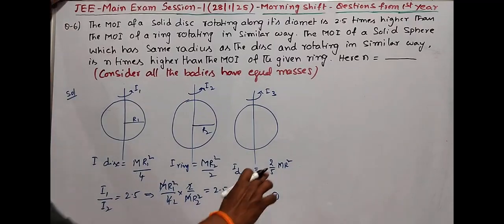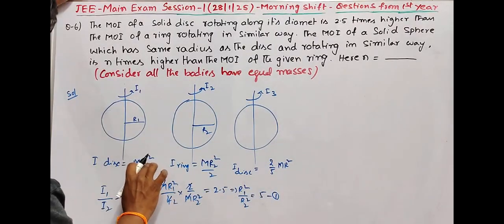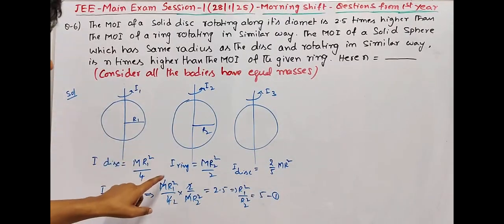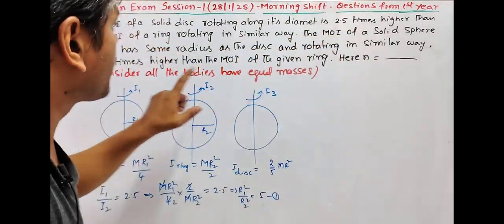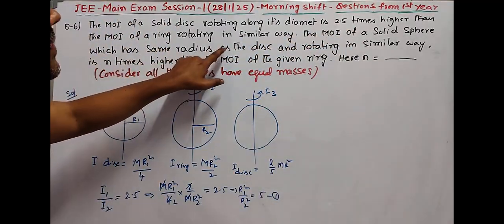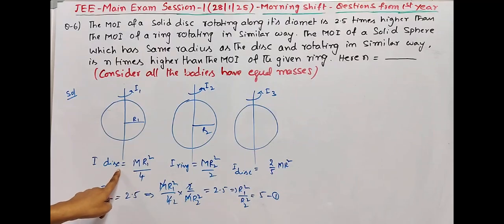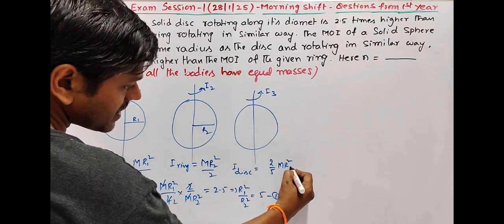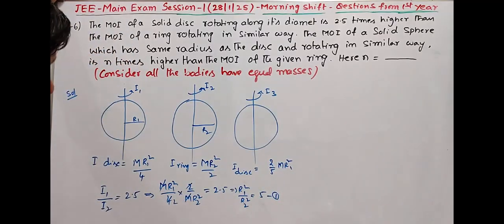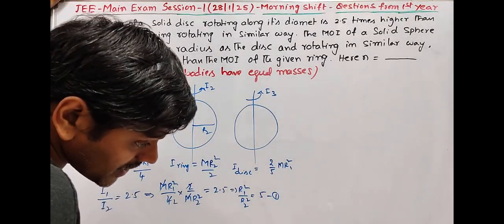But its radius is equal to, sorry, equal to R. What is given? The moment of inertia of a solid sphere which has same radius as the disk. What is the radius of the disk? R1. So it is nothing but 2 by 5 M R1 square.